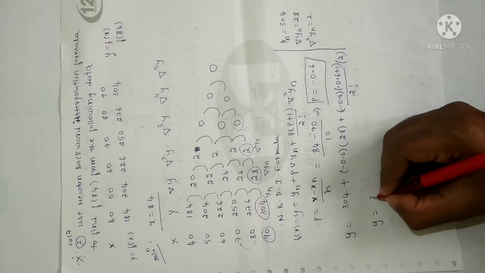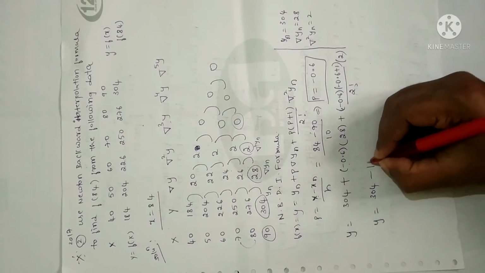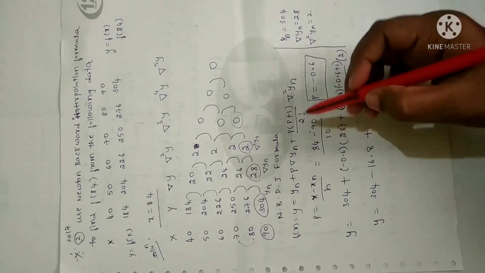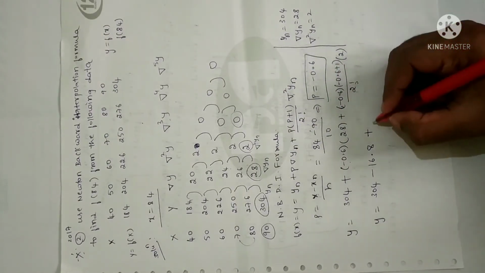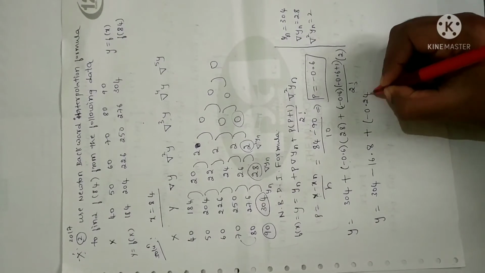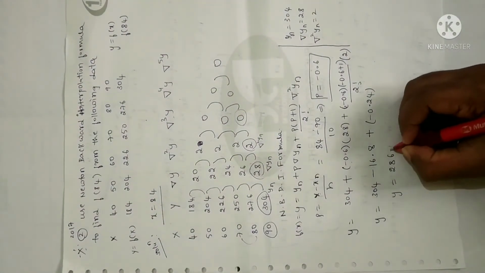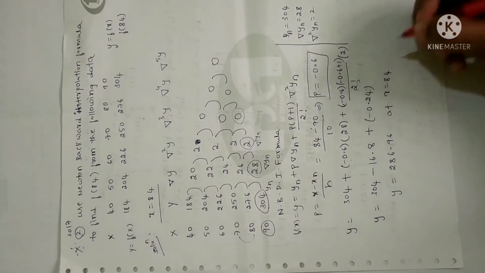You get 304 as it is, minus 0.6 into 28 gives 16.8, and the third value, using the calculator, is minus 0.24. After simplification, you will get y as 286.96 at x equal to 84.